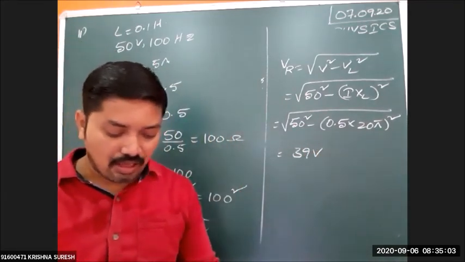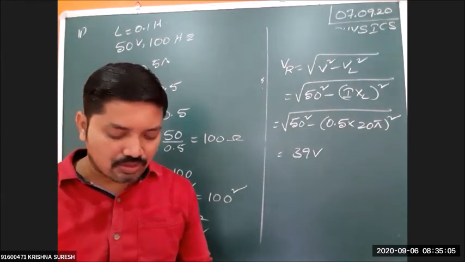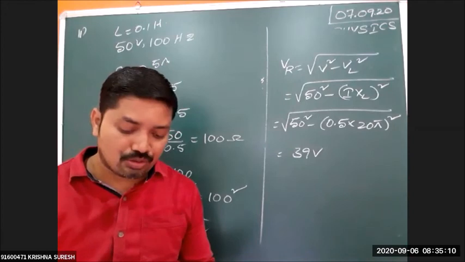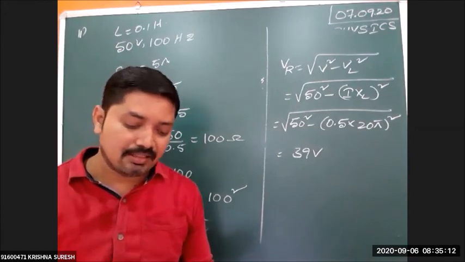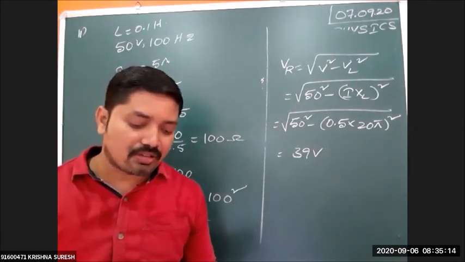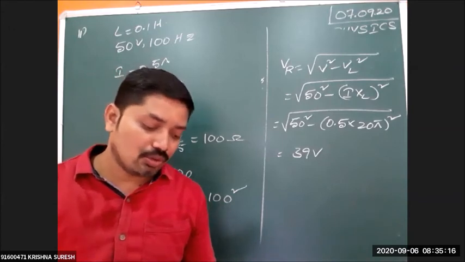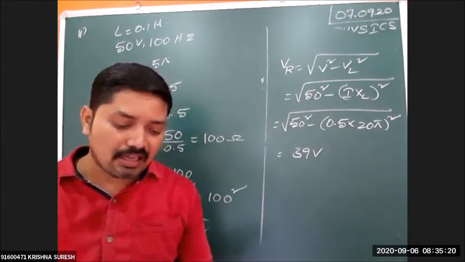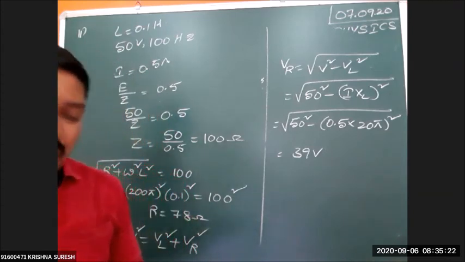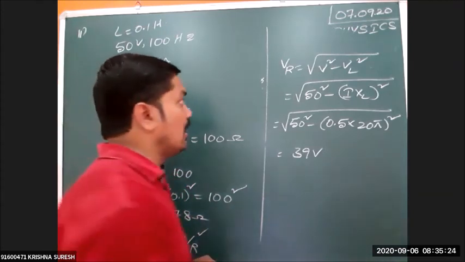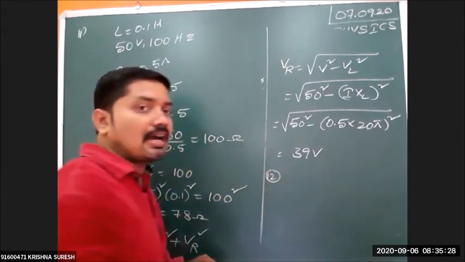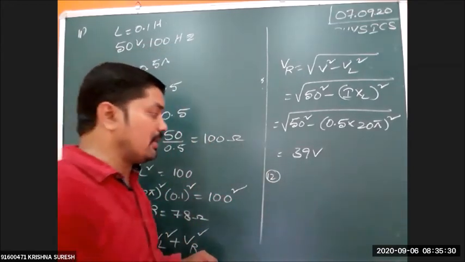Okay, next, last question, that is the 12th question. An alternating voltage V is equal to 200 root 2 sin 100 t is connected to a 1 microfarad capacitor through an ideal AC ammeter in series. For the reading of the ammeter, the ammeter will measure only the RMS value of current. So I RMS is equal to I naught by root 2.